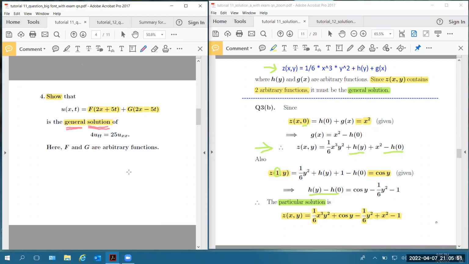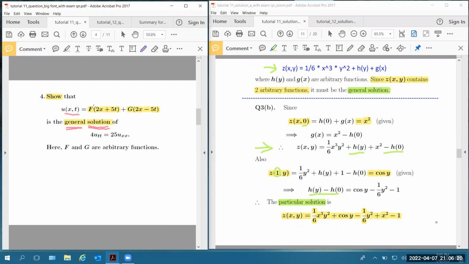So if you take a look at this thing that they say you want to show as a general solution, if you look at this u(x,t) here, how many arbitrary functions does it have? Can you tell me? Your u(x,t) equals this plus this. How many arbitrary functions does it contain?